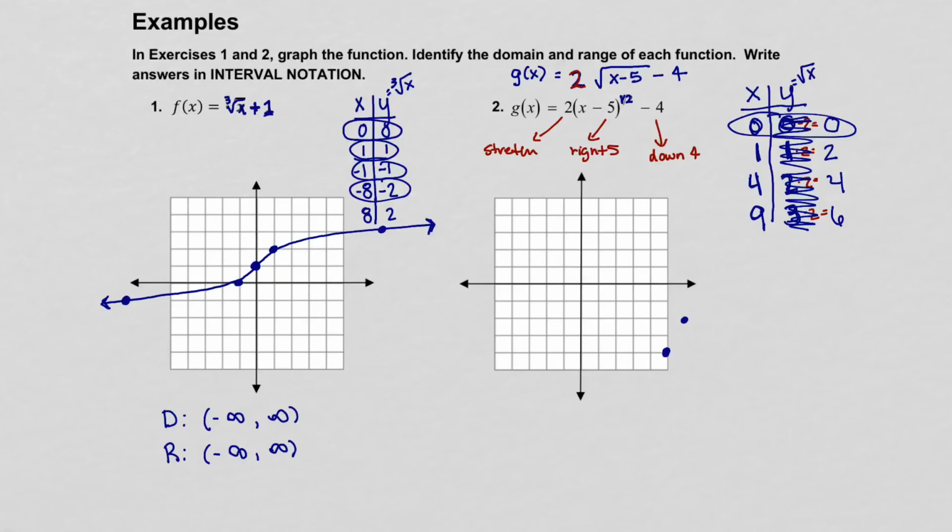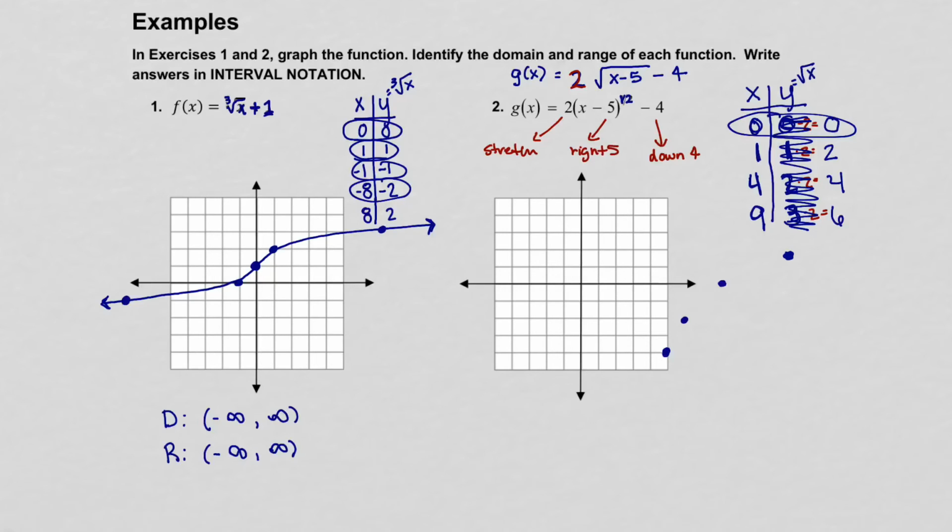And then over 4 to the right and up 4. So it's going to put me right about there. And over 9. Wow, that's going to be like, and up 6. That's probably going to be way over here somewhere.